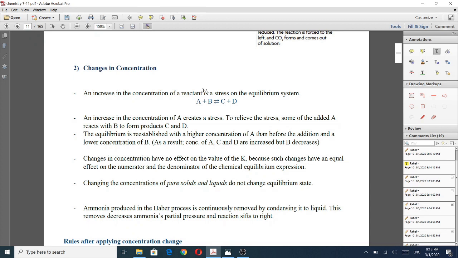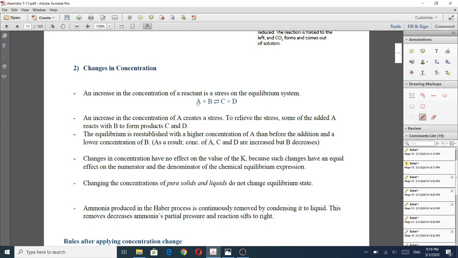But by decreasing concentration of any substance, the direction of the shift will be towards itself. For example, if I decrease concentration of A, the direction of the shift will be to the left.